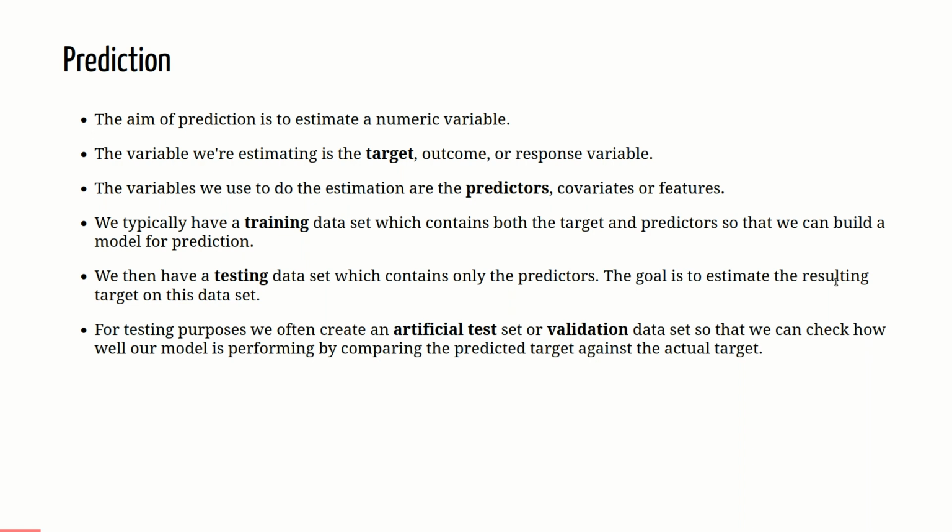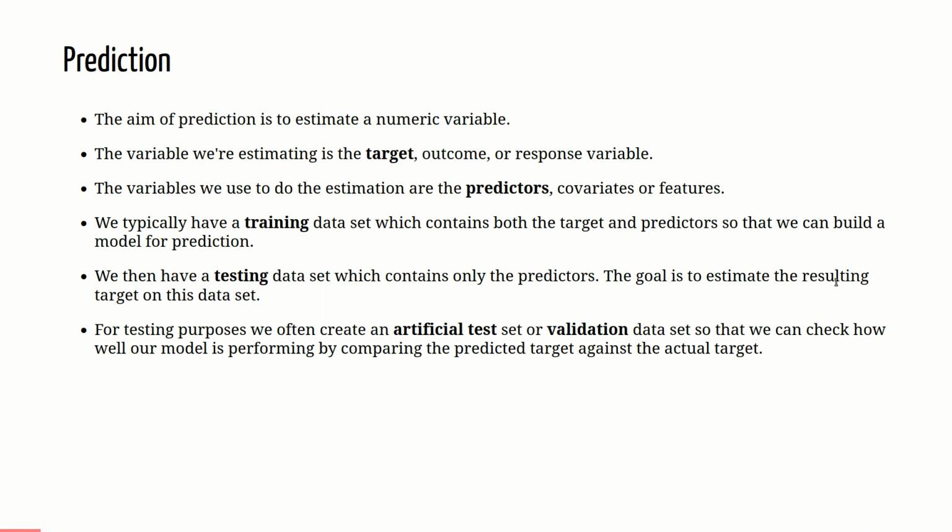Now the problem with doing this, of course, is that because the testing data doesn't contain the outcome variable, I mean the whole point of the process is to estimate what the unknown outcome variable is, we don't of course know whether we have it right or not when we're operating on the testing data, because we don't know what the right answer is. So for the purposes of developing a model, often we create an artificial test set, or what's sometimes called a validation set, so we can check how well our model's performing, because on that data set we do have the answer, we do have the target variable.